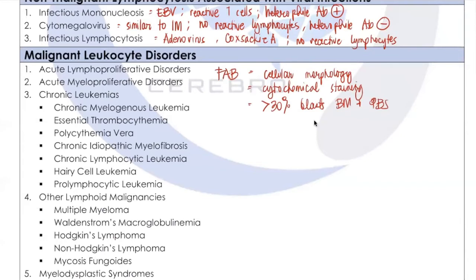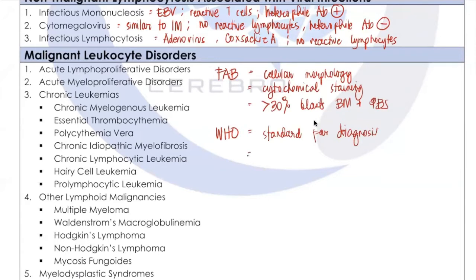Now, the most commonly used, and considered to be the standard for diagnosis, is the WHO classification. So take note, this is the most commonly used and this is the standard for diagnosis. The WHO classification is more complicated because a lot of things are factored in.